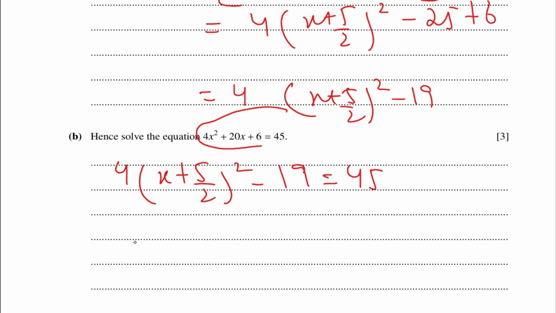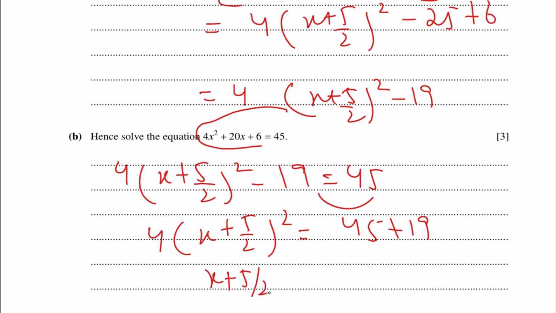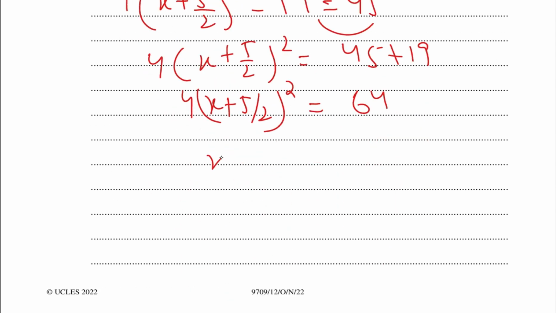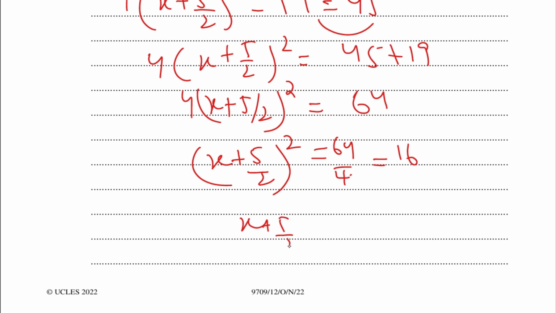And now 19 will go to this side, it will be added, it will become 4(x plus 5 over 2) square equals 45 plus 19, which is 64, and this 4 will be divided to that side, it will become 16. Then we will take the square root, and we will be left with x plus 5 over 2 equals plus or minus 4.